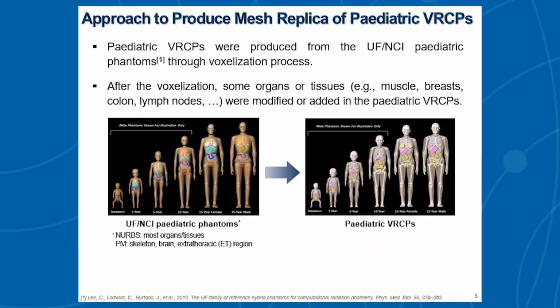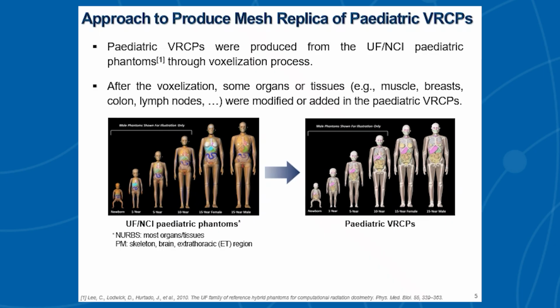As Professor Yum explained earlier, the pediatric voxel phantoms were developed from the third generation UFNCI phantoms in NURBS and polygonal mesh surfaces through the voxelization process, along with several organ modifications and additions to become reference ICRP phantoms. The original UFNCI phantoms preserved better anatomical structures from the original 3D images, and they can also be easily converted into the mesh format.